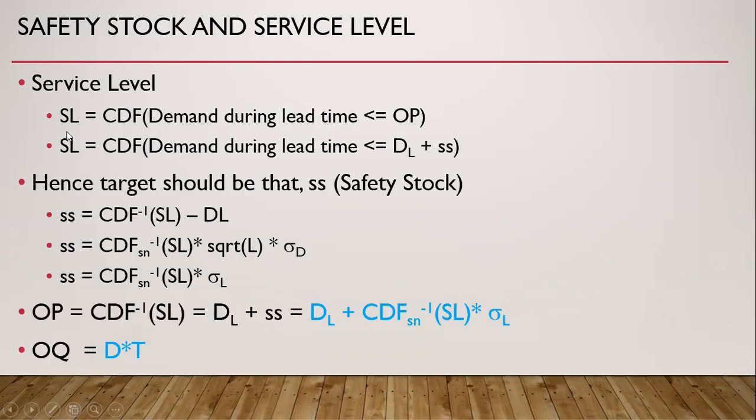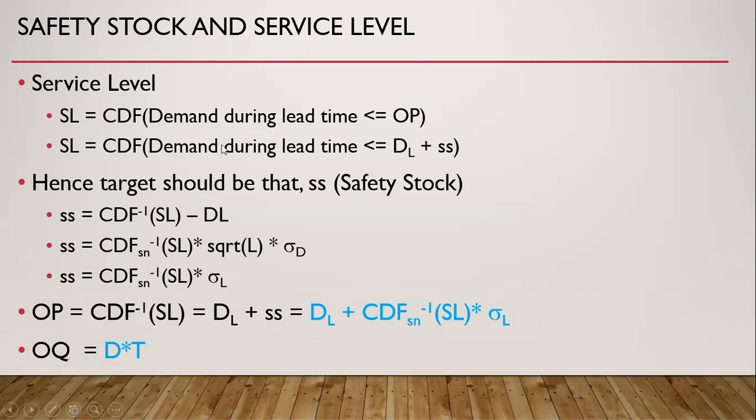So service level is defined as the cumulative density function for demand during lead time less than or equal to order point. It can also be written as CDF of demand during lead time less than or equal to D_L plus SS.